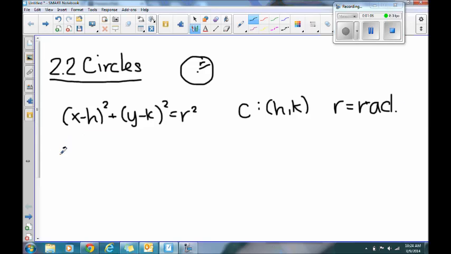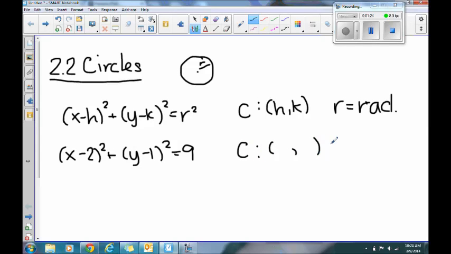So if we're given the equation of a circle and it's already in the center-radius form, maybe I have (x minus 2) squared plus (y minus 1) squared equals 9. Then from that equation, we can pull out the coordinates for the center. If this is x minus h, then that means h is a positive 2.